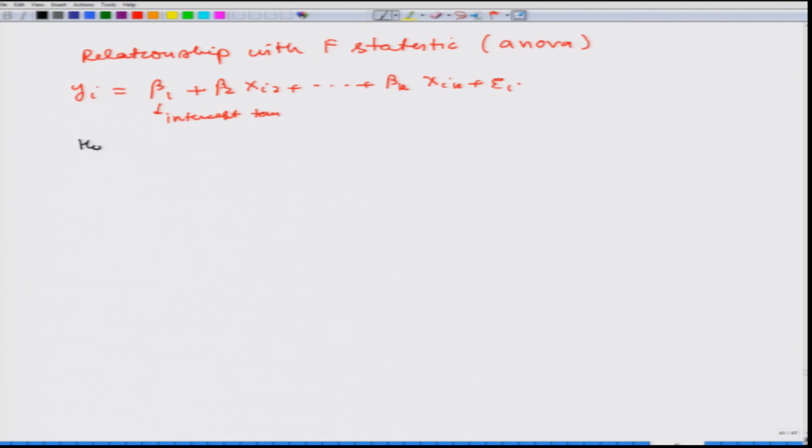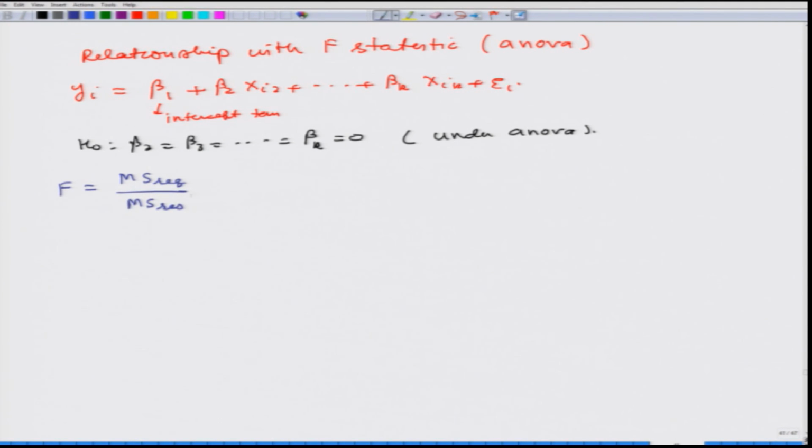If you remember, our null hypothesis in the case of analysis of variance was H naught: beta 2 equal to beta 3 equal to beta k equal to 0. Based on that we had finally obtained the F statistic as mean square due to regression divided by mean square due to residuals, which was n minus k upon k minus 1 times SS due to regression over SS due to residuals.